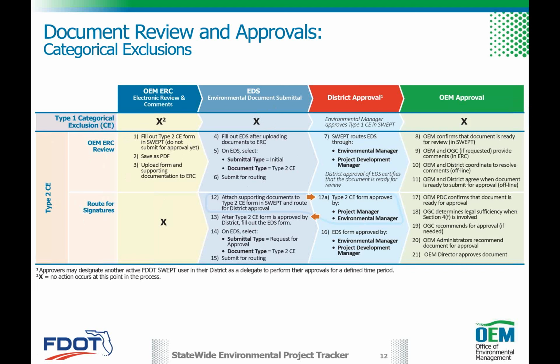If you're looking at a Type 2, or an EA, or even an EIS, it can take a long time from when you initiated that environmental study until it's ultimately approved. So if you need some of those interim products accessible in other environments, like within Project Suite, then you upload it into SWEP, and then you just say send to EDMS.